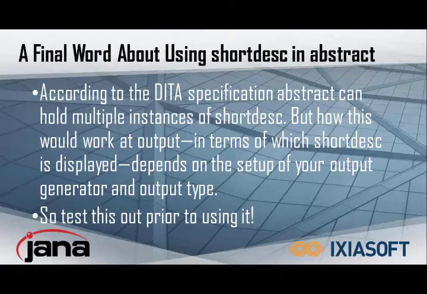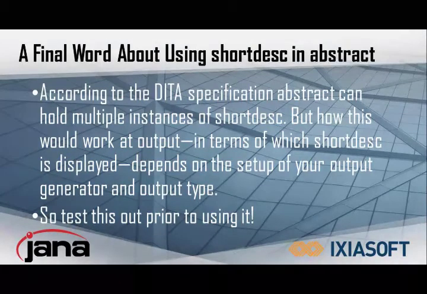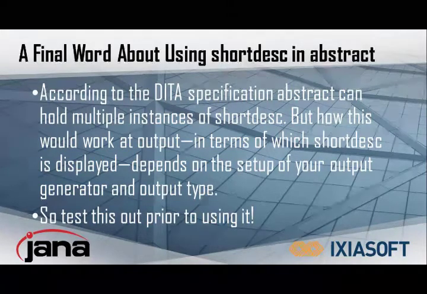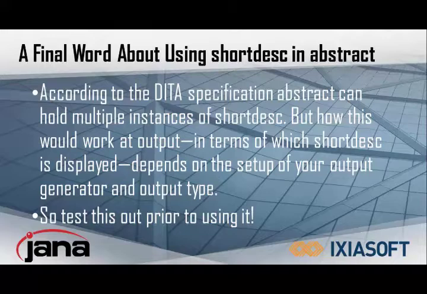So I'm not sure what the behavior is for telling it to come up with, say, a second instance of a short description. But again, it's hard to emphasize this enough, kind of the same with the previous set of examples: test this out prior to implementing it. So it's there now, and you now have a better idea as to how this can be used in context. But as I say, make sure that it actually works as intended for the output type that you use. All right, next slide, please.